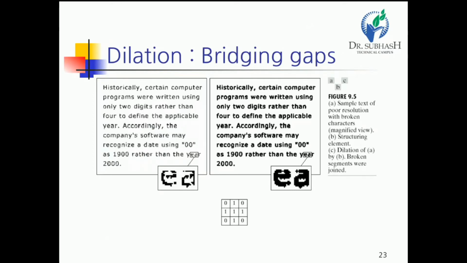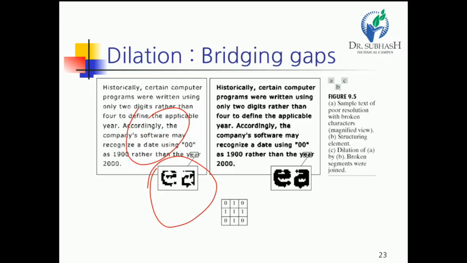Dilation is nothing but bridging gaps, right? Suppose we have to return some words in this format, and that is the sample text of poor resolution with broken characters. In figure A, the resolution is poor and the characters are broken.